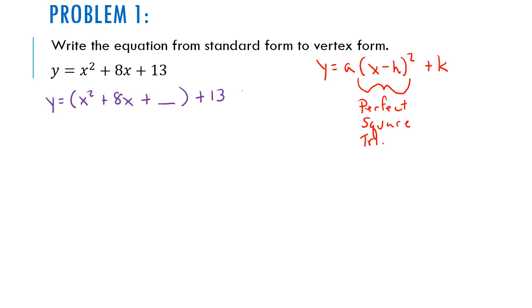I'm going to go ahead and do a visual over here. We have the x squared, just like I was showing you in class. I have 8 x's. To make a square, I need to have 4 go this way, and then 4 going down.